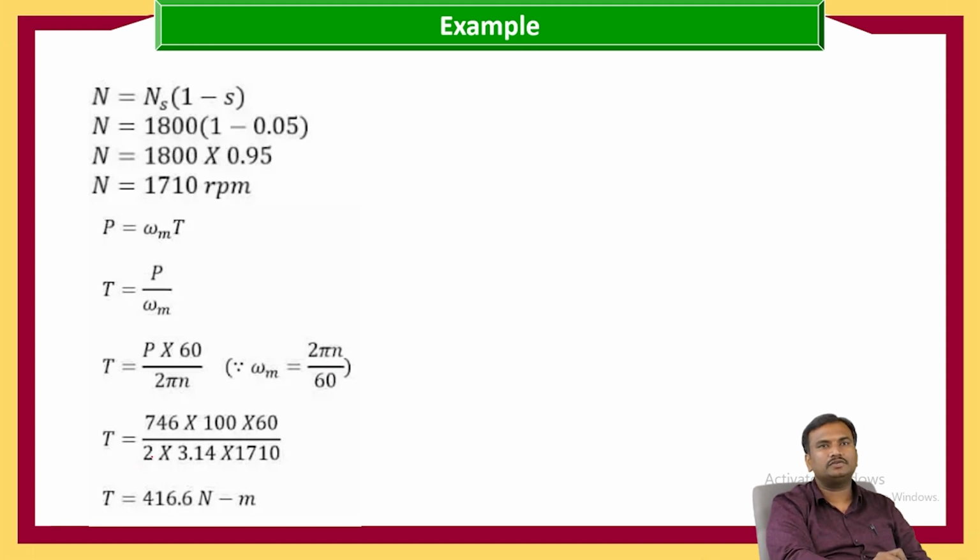So torque is equal to, if we substitute these values, the power as 100 HP. Sorry, the power is not the number of poles.